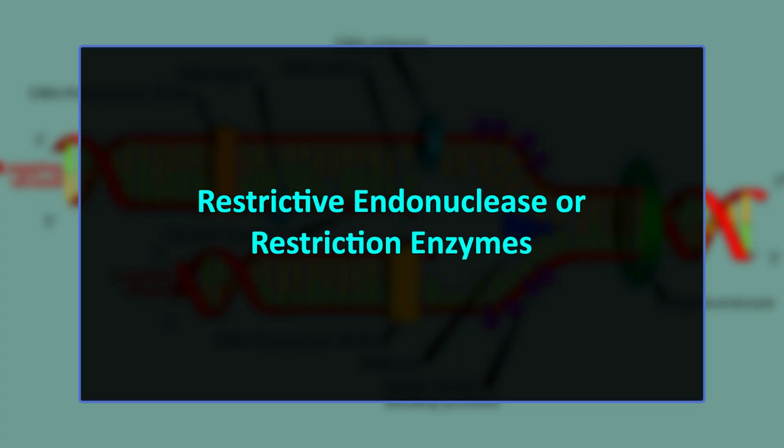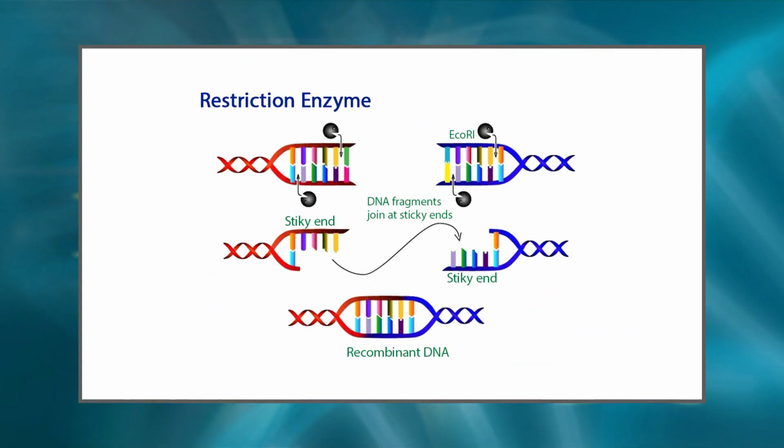Dear students, now let us discuss the restrictive endonucleases, or restriction enzymes. These are the ones that cleave DNA into fragments at or near specific recognition sites within the molecule, known as restriction sites.